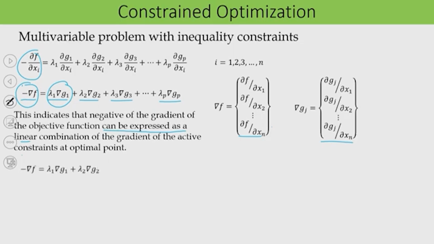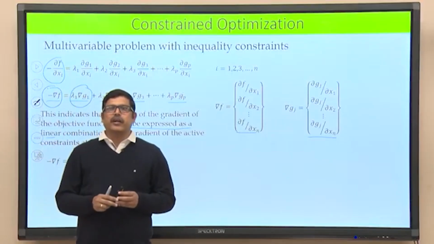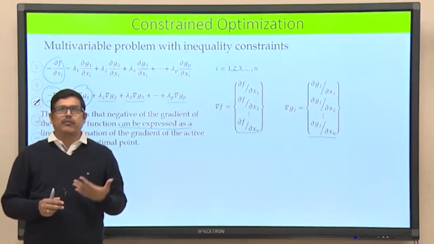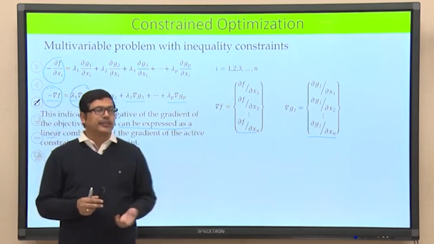Now, let us consider two constraints just to explain the concept, that is, we have only two constraints, g 1 and g 2.